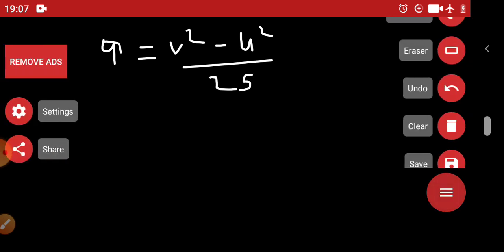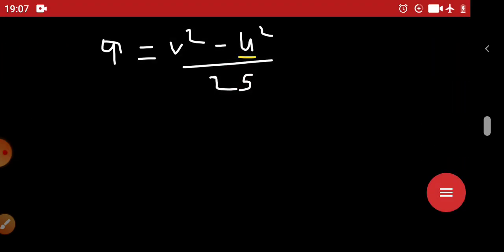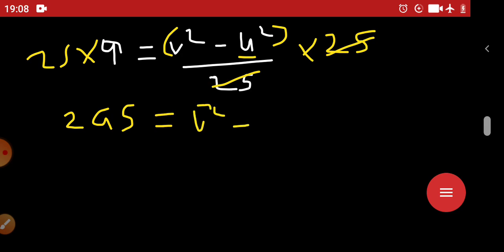We want to make u the subject of the formula. Here we need to sort the denominator, so we multiply by 2s both sides. This would cancel this. From the left hand side we have 2as, and the right hand side we have v squared minus u squared.